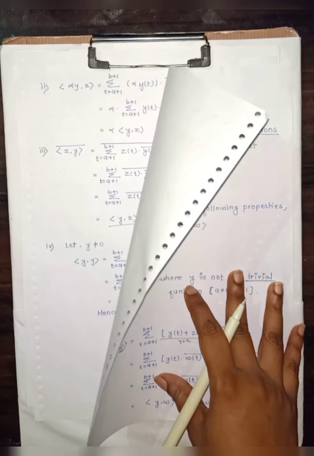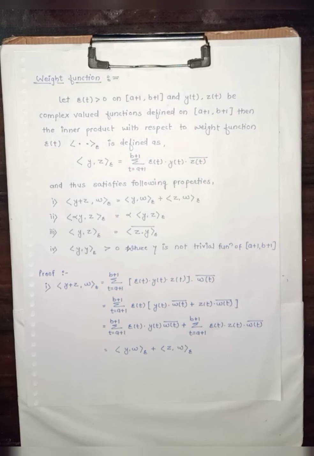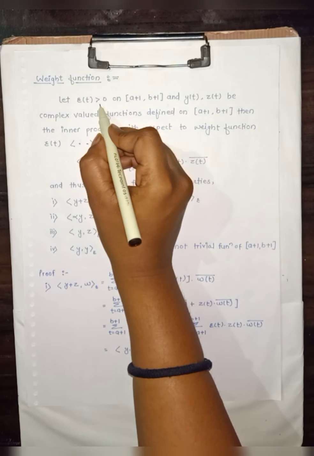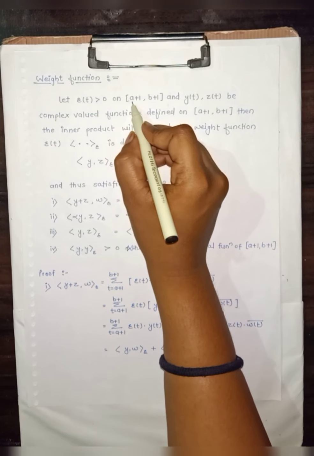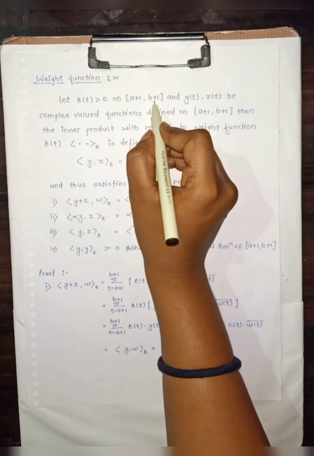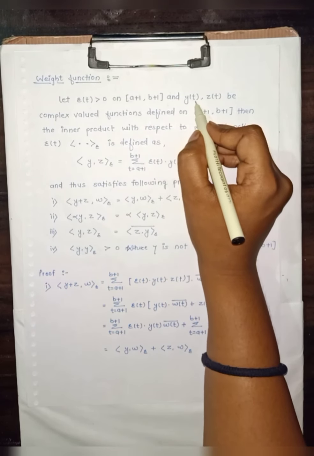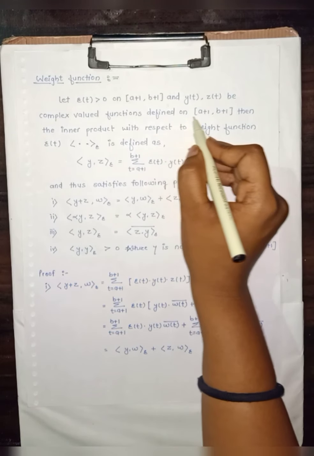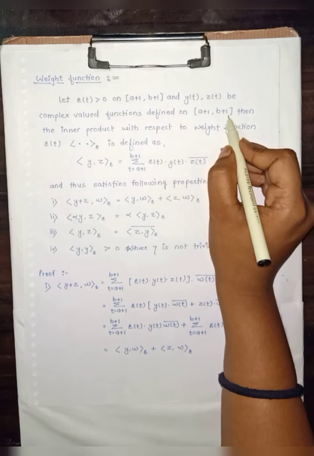Let's move on. We will see the definition of weight function. So weight function: let r of t be greater than 0 on the closed interval a plus 1 to b plus 1, and let y of t and z of t be complex valued functions defined on the closed interval a plus 1 to b plus 1.